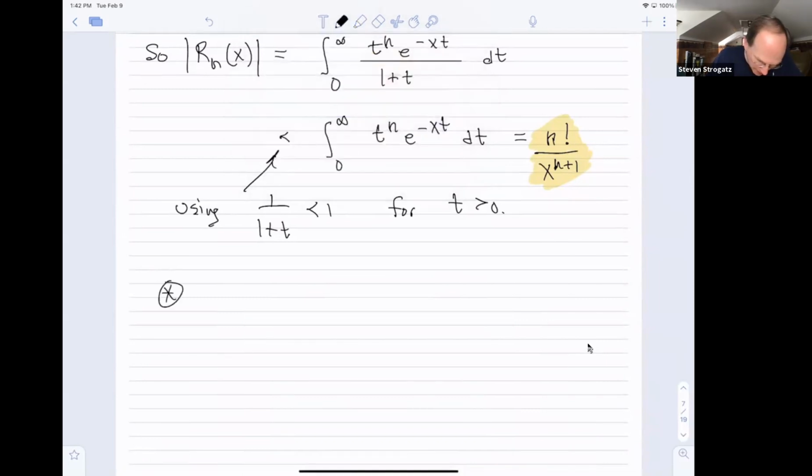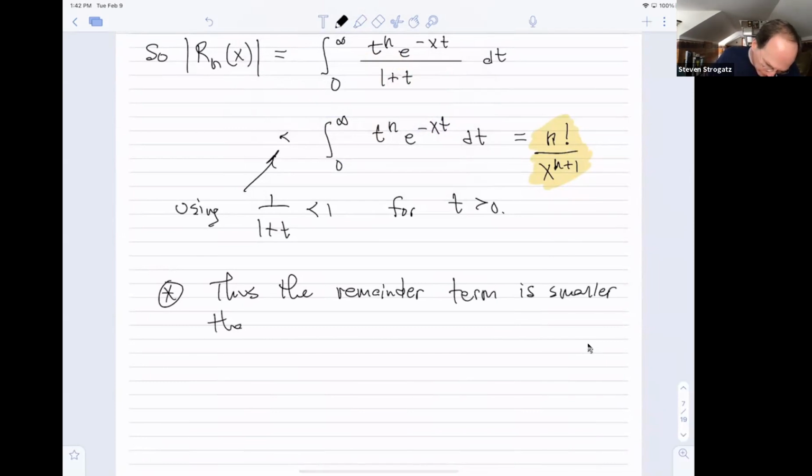Let's make that little comment that the remainder or the error term is smaller than the first neglected term in the infinite series.